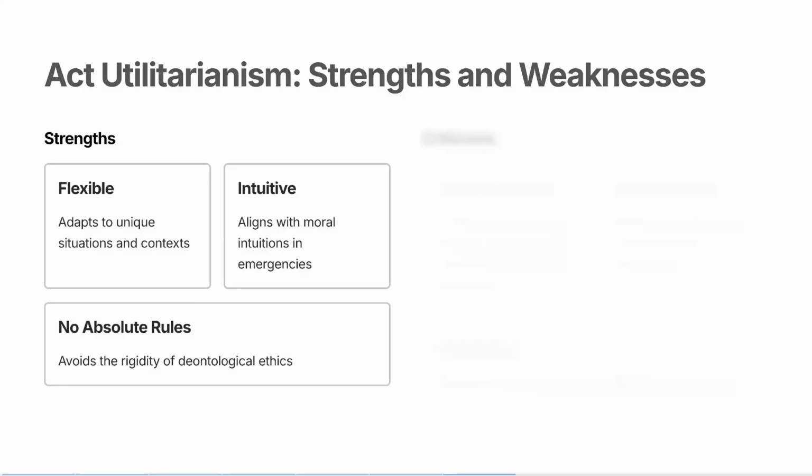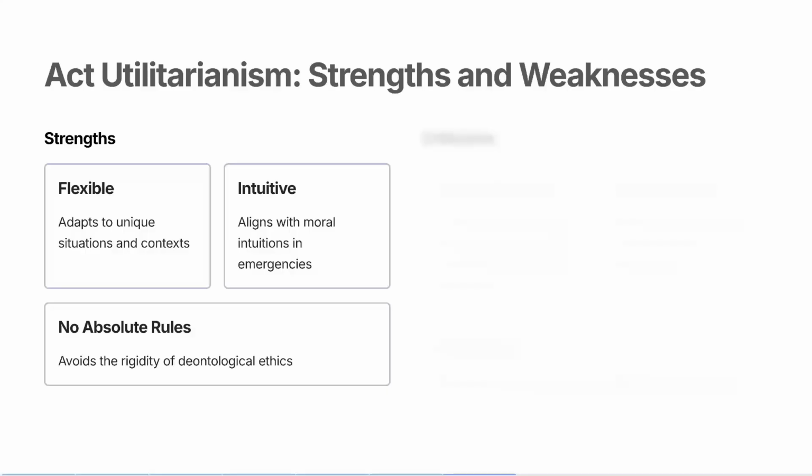And so there are strengths and weaknesses. Some of the key strengths is that it's flexible. We've mentioned this. It adapts to unique situations and contexts, and it allows moral reasoning to respond to complex real-world circumstances. It also avoids rigid moral rules.